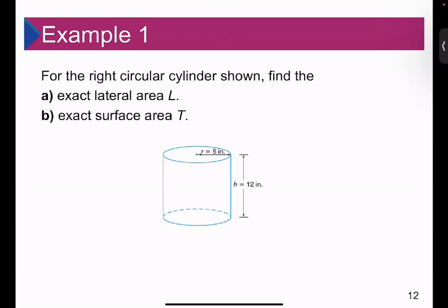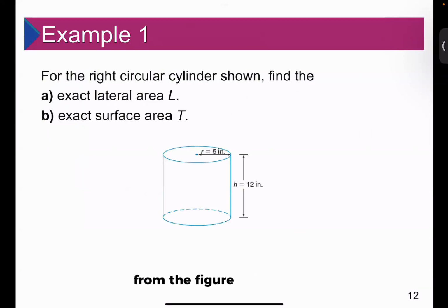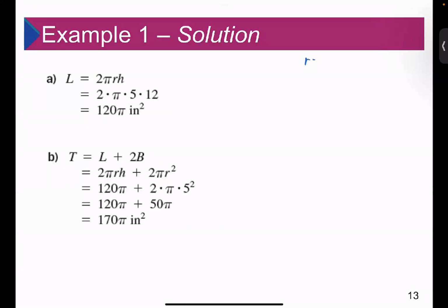For the right circular cylinder shown, find the exact lateral area L and find the exact surface area T. From the figure, r is 5 and h is 12, both in inches.